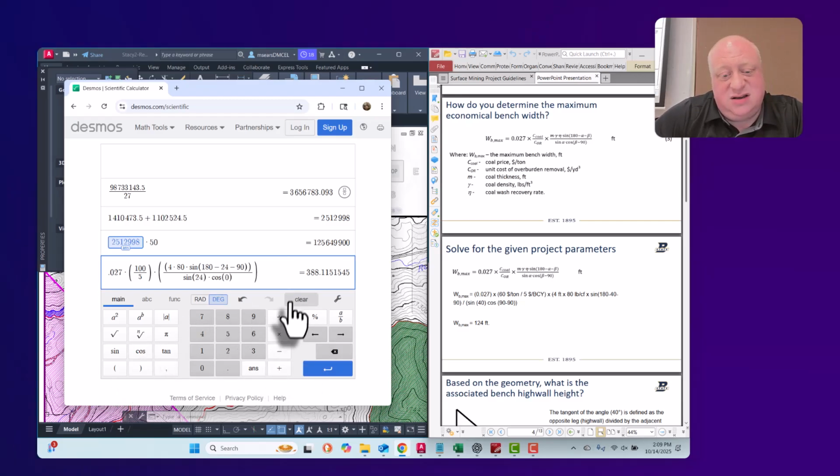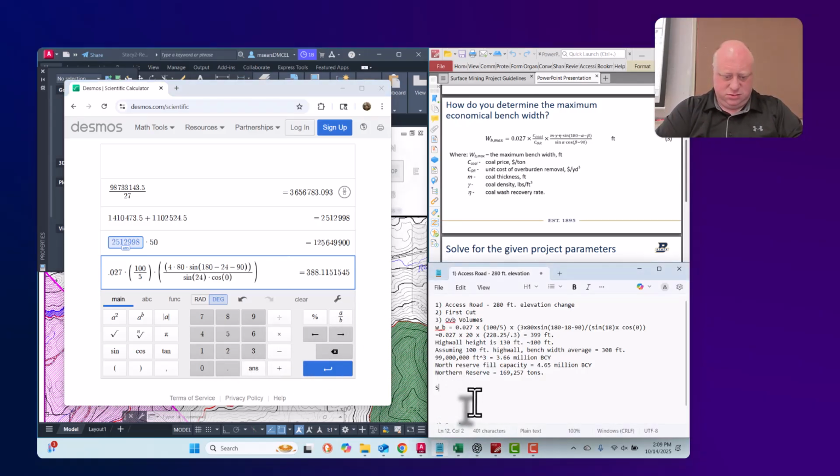And that gives us an average bench width of 388 feet. Let's write that down. W sub B is equal to 388 feet.